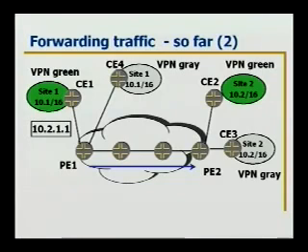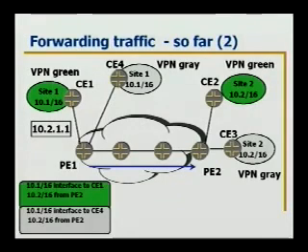I would take the packet. The packet would arrive from CE1 to PE1 over the interface that's connected to VPN Green. PE1 would know that it needs to look in the green forwarding table to forward this packet, and it would correctly decide it needs to send it to PE2.